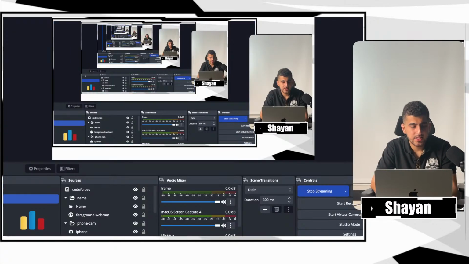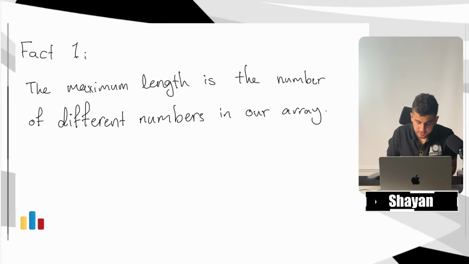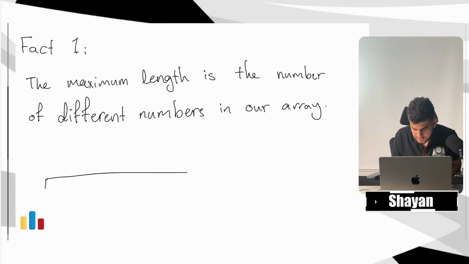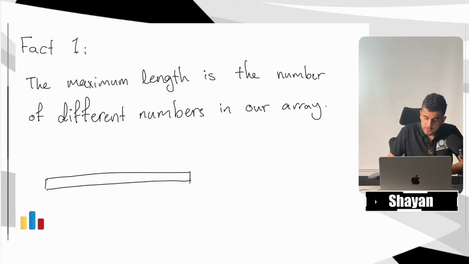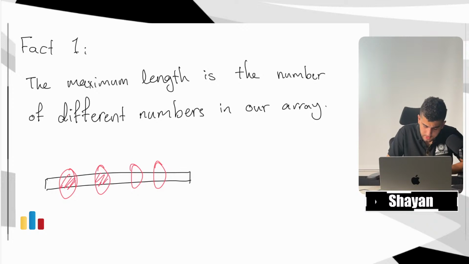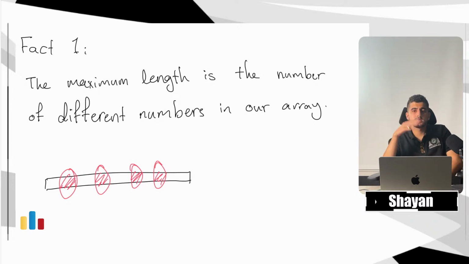Because we can choose one of the appearances of each of these numbers, and this is going to be a valid array with this length.